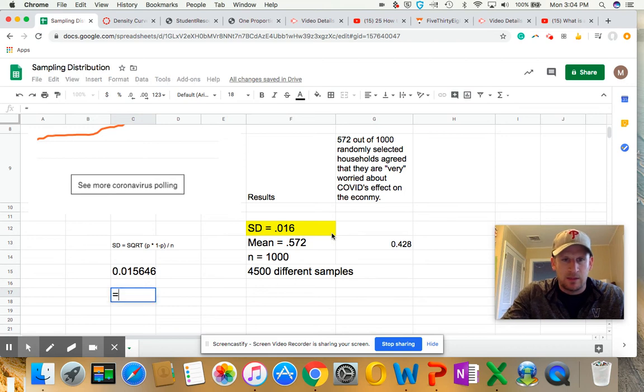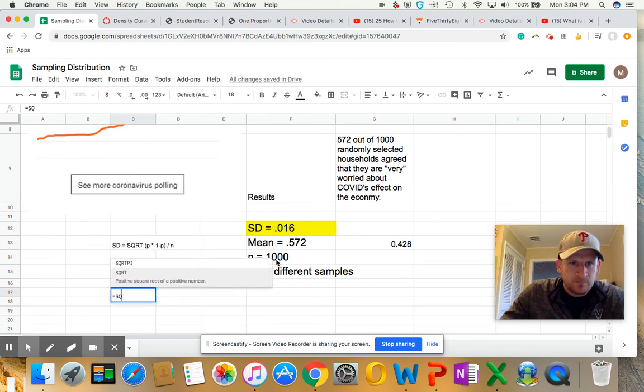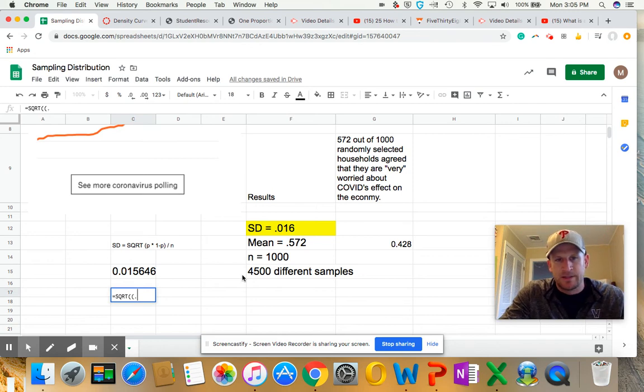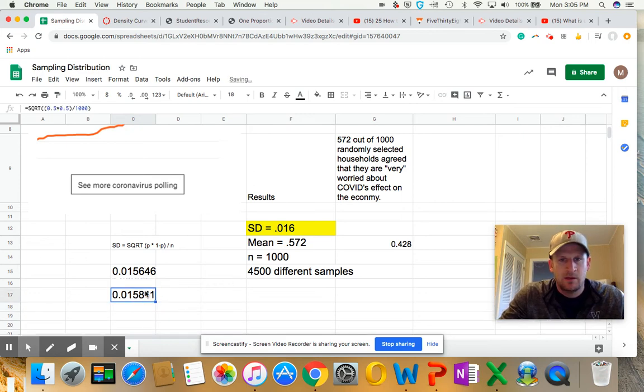If I type in equals the square root, and I follow the same process, start the parentheses with 0.5 times 0.5, close those parentheses, and then divide it by 1,000, what you should notice is you get pretty much the same answer for all practical purposes.